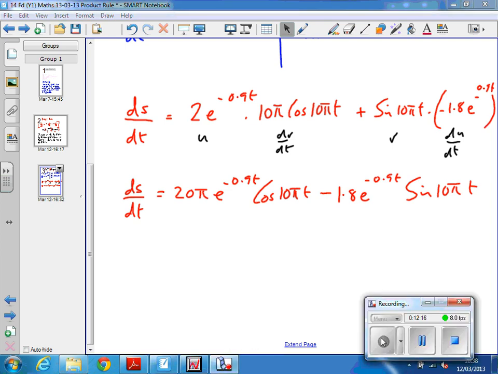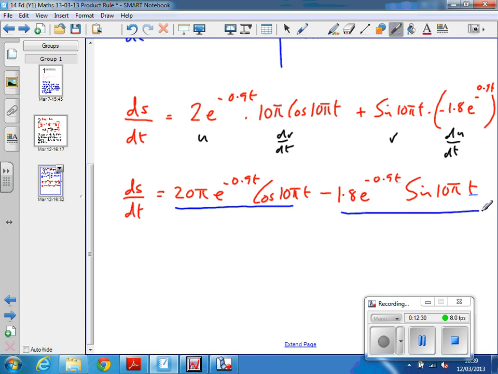Now we could use this, okay, this has been tidied up, to put in the values. We could put in t here, and here, and here, and here. But again, we can tidy up again. If you look at these two terms, and this is one term, and this is another term, we can look at things that are common to both. And because when we differentiate an exponential function, it doesn't change the power, this is always going to be the same in both. So I can take that part outside a bracket.